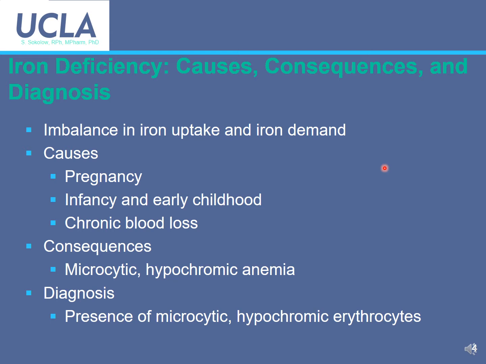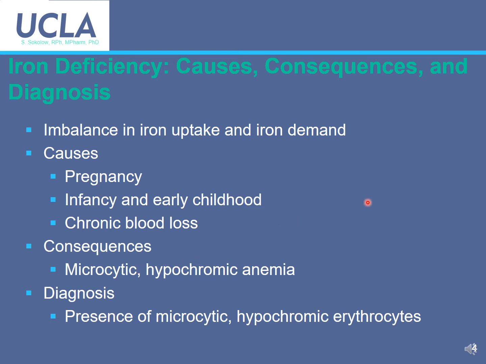And then infants and early childhood, most of the time, need supplements of iron. Now the milk formulations available over the counter are supplemented with iron, but for women who are breastfeeding, it's recommended to give an iron supplement to their newborn. Another cause is chronic blood loss, or a woman who has a menstrual period or heavy menstrual period, that can be a cause of anemia.